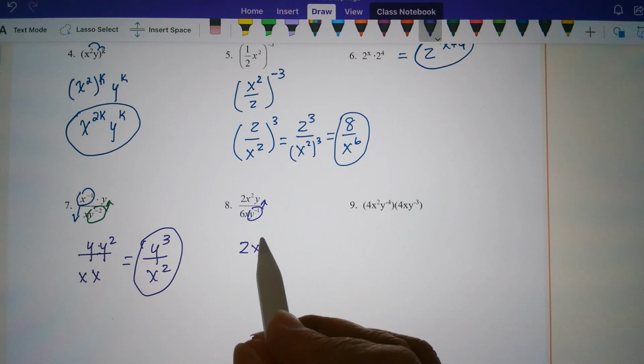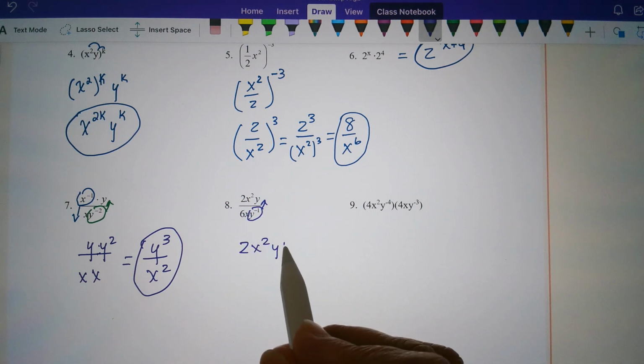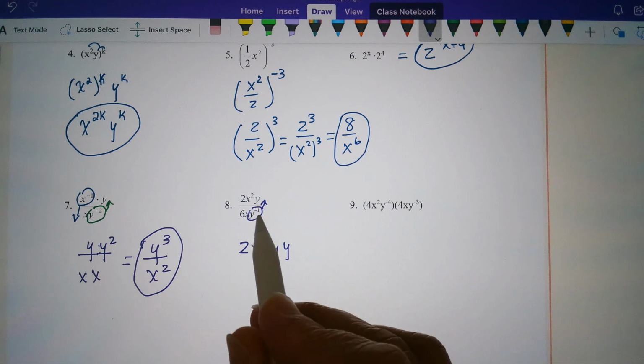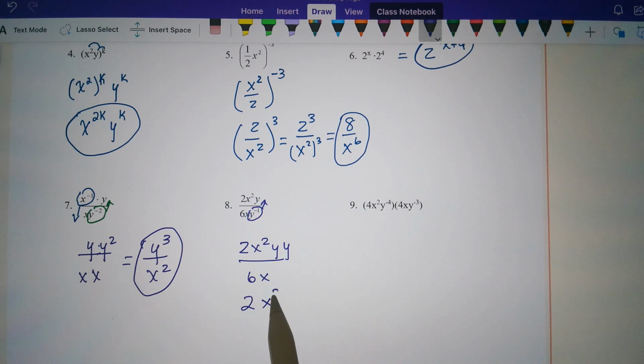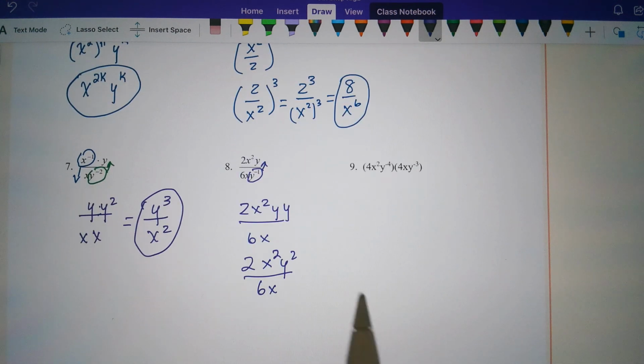So I have 2x squared y times y, that y remained, this one moved up, over 6x. 2x squared y squared over 6x. Okay, now the 2 and the 6 reduce to 1/3. And x squared divided by x to the first is x, y squared.